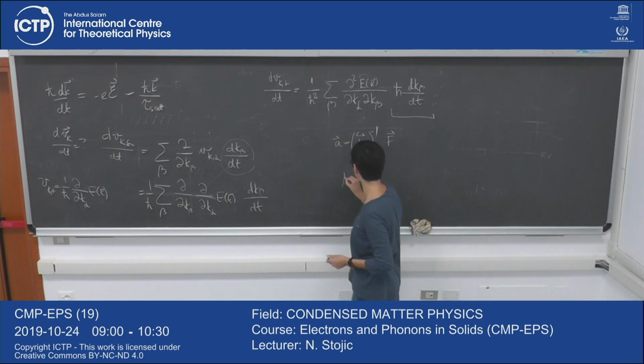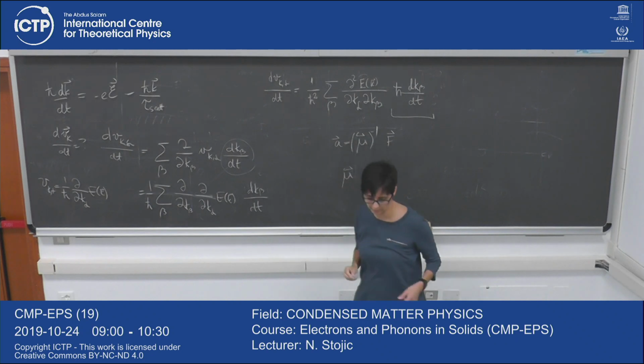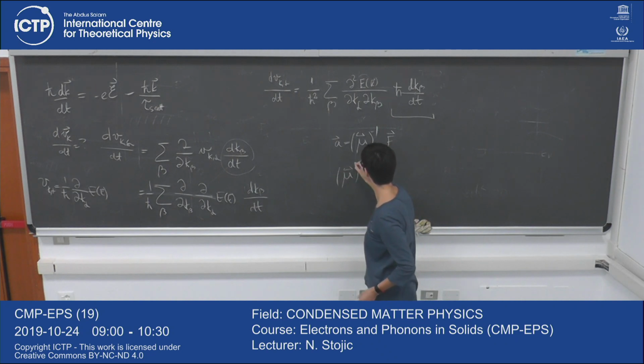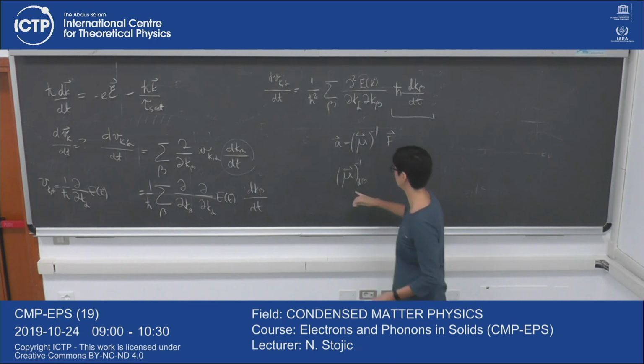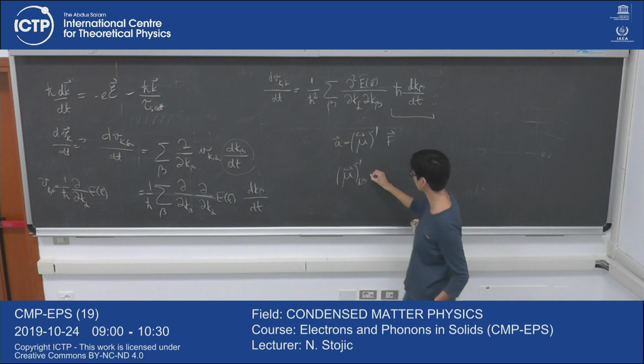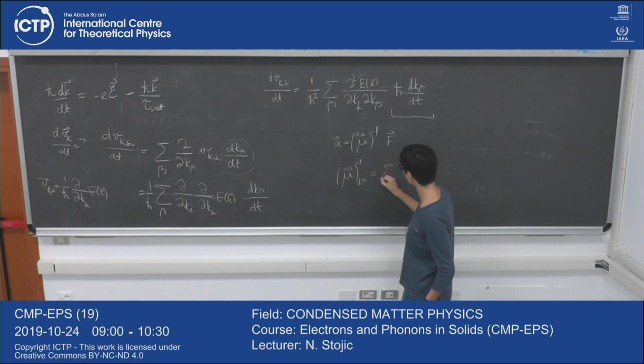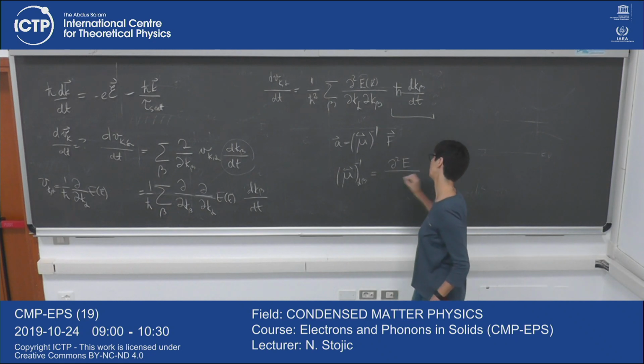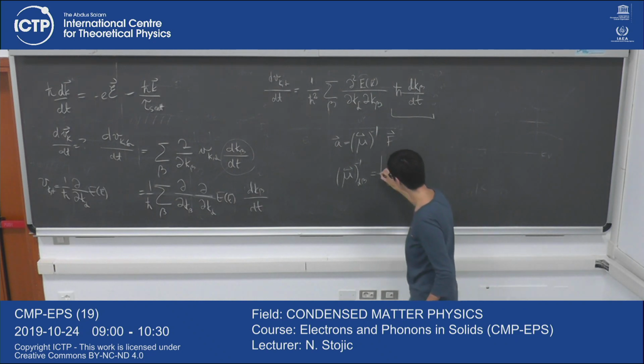And one component of this mass tensor is equal to, not any sum, 1 over h squared times the second derivative.